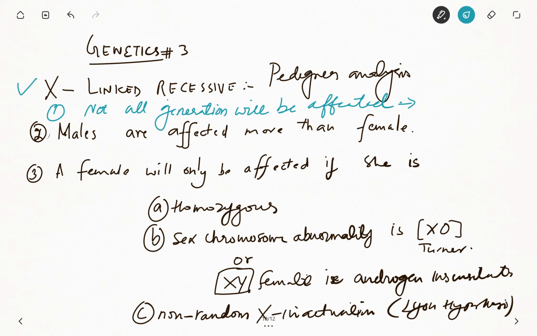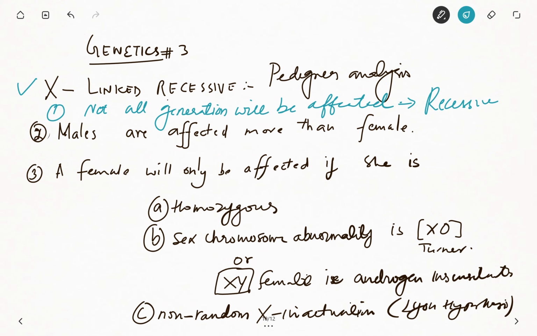Not all generations will be affected. So if you see a pedigree and you find that not all of the generations are affected, you say it is recessive. Further analysis will delineate whether it is autosomal or X-linked.